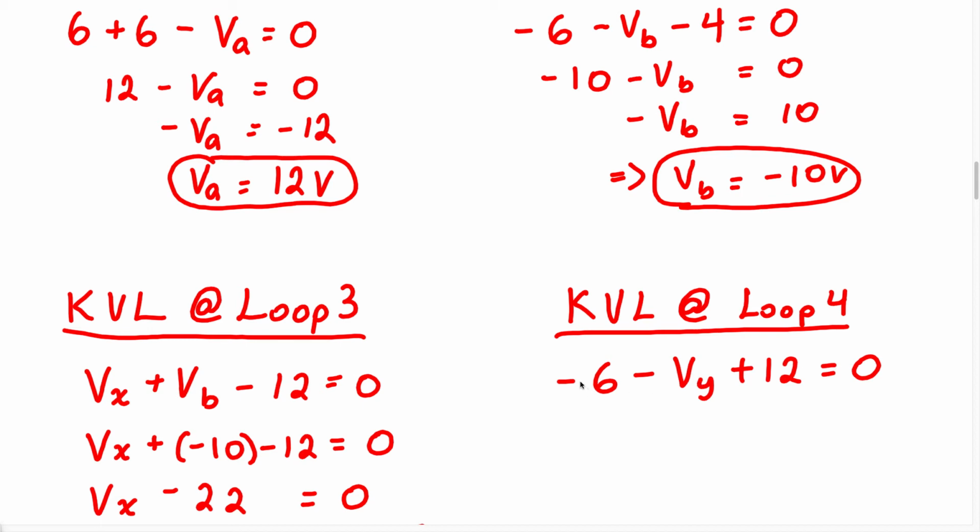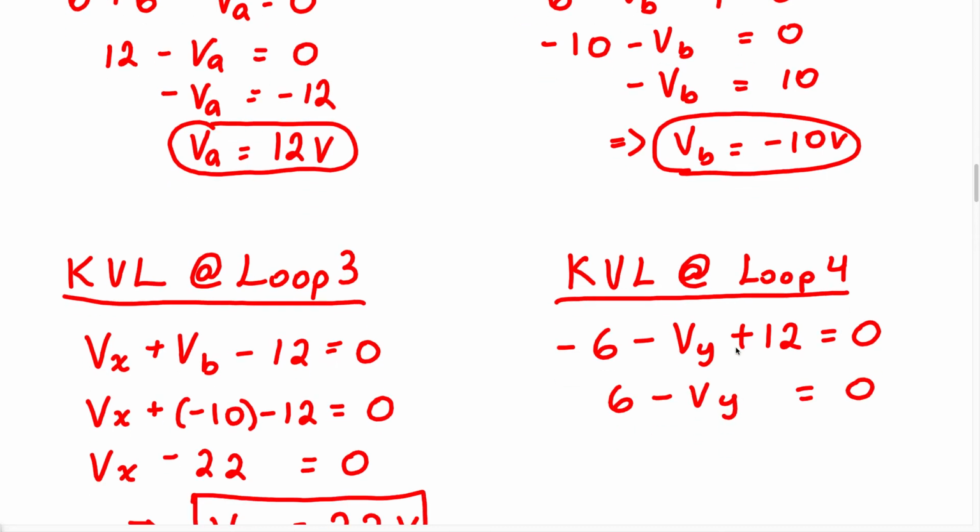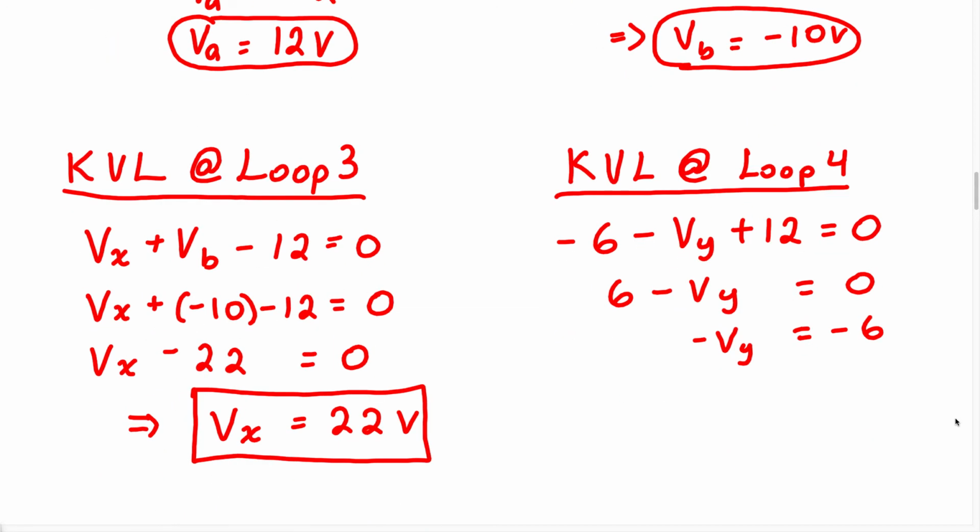So let's solve for that. We have negative 6 plus 12. That's going to give us 6 minus Vy equals 0. We can take the 6 over to the other side. Therefore, negative Vy equals negative 6. So when we solve for this, we can say Vy equals positive 6 volts. So this is going to be our answer for Vy.